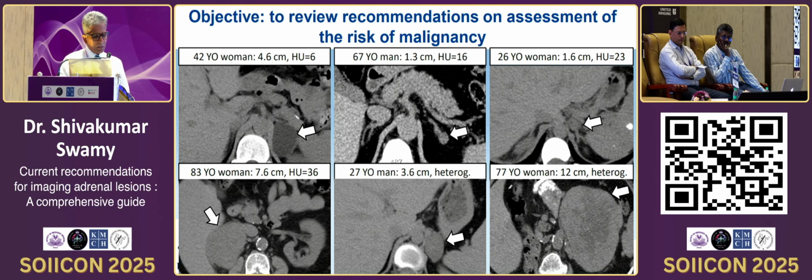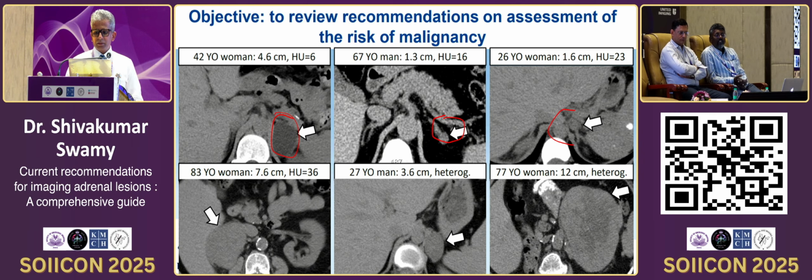You know that the top ones are definitely benign, and this is intermediate where the HU value is 16. It's above the magic number, and slightly higher, which has to be looked at with even more suspicion. The lower lesions are definitely heterogeneous, solid. You know that the HU values are definitely higher.